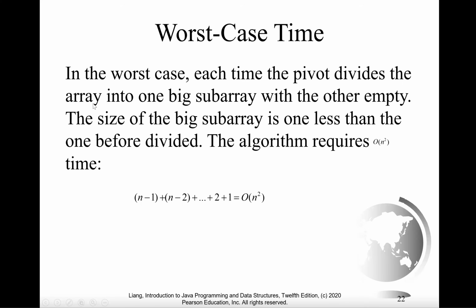Now, in the worst case, each time the pivot divides the array into one big subarray with the other empty. So you have n-1 elements, n-2 elements, and so on, and if you add them together, it's order of n squared time.